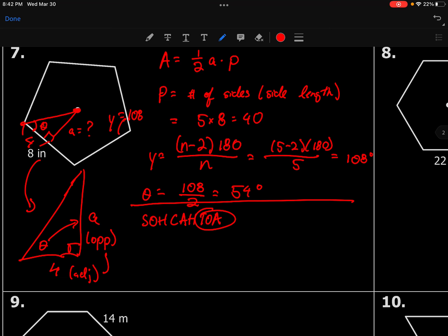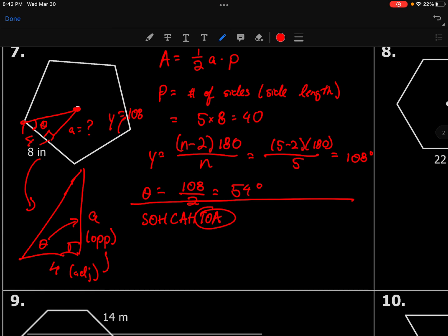Ding, ding, ding. It's TOA, tangent. So now we can set up a relationship of tangent of 54 degrees. Remember, trigonometric functions describe the ratio of the sides given, which is opposite and adjacent. So tangent of 54 is equal to opposite over adjacent, which is equal to a over 4.